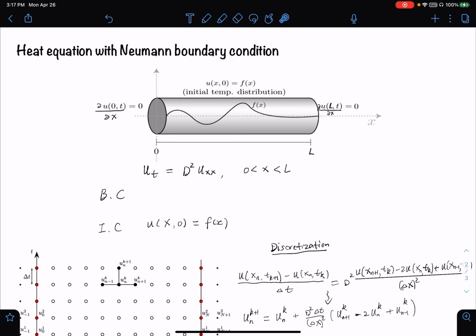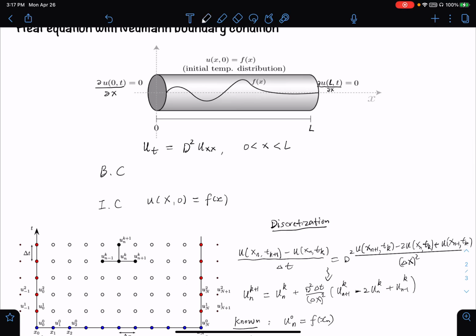So in particular, the boundary condition here is ux at the boundary point 0, t for all t is 0, and the ux derivative at the boundary point L for all t is 0. Okay.